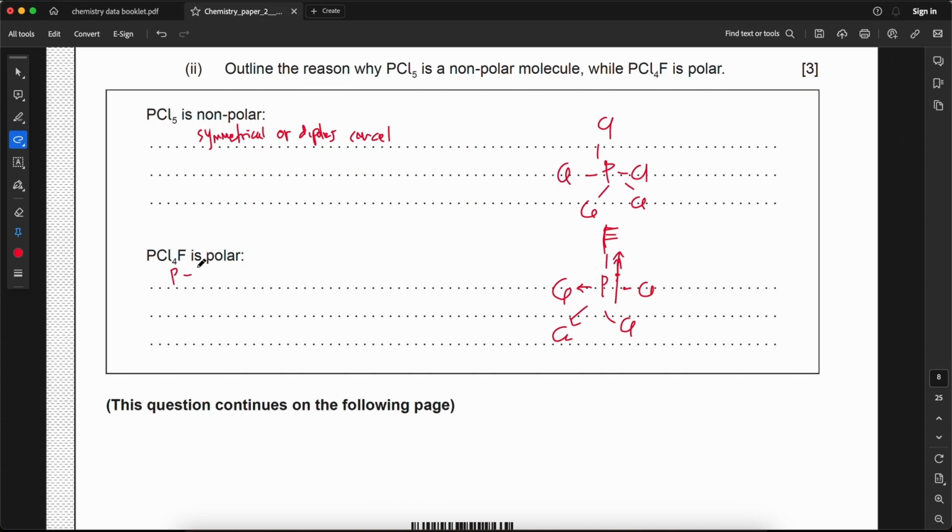Okay, P-Cl has a different bond polarity than P-F, non-symmetrical dipoles. Okay, so it has different polarity.